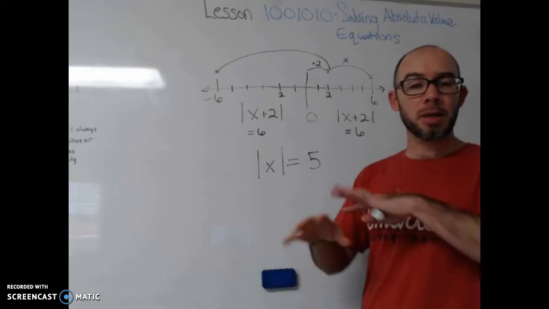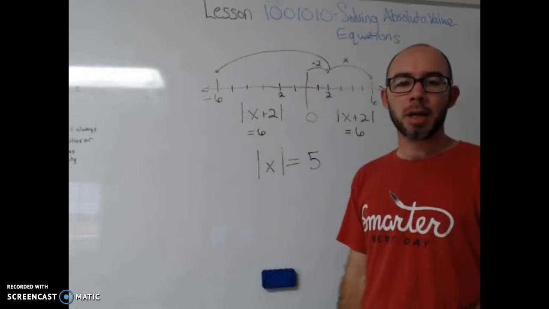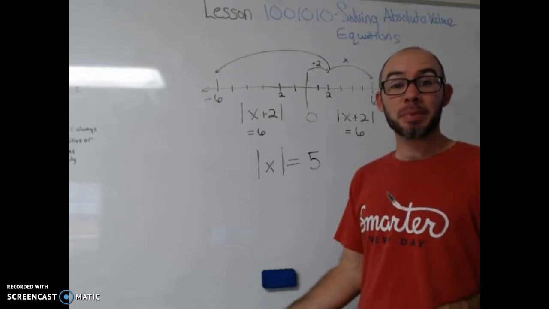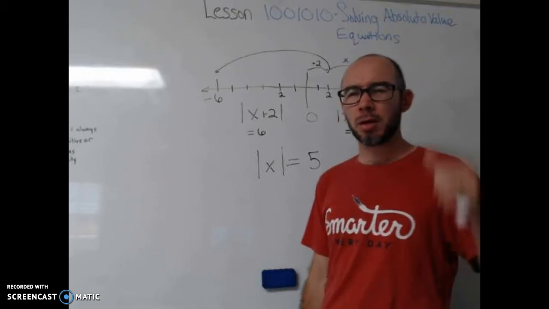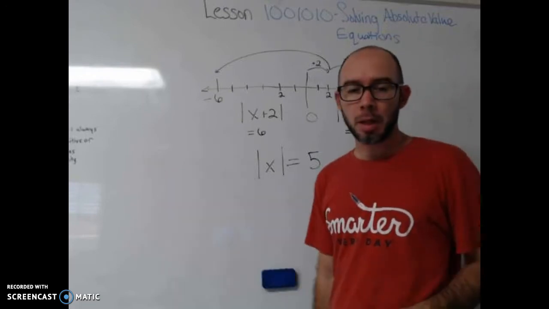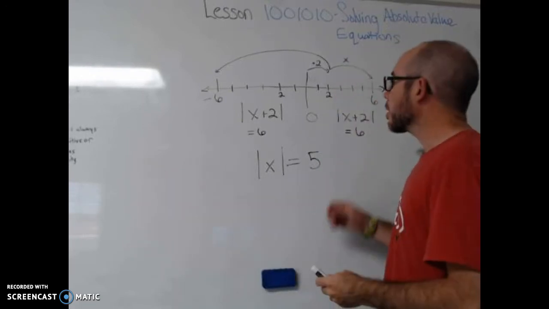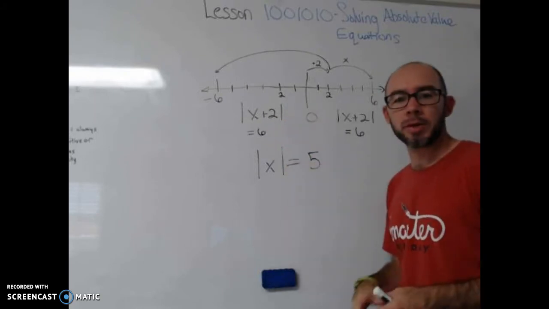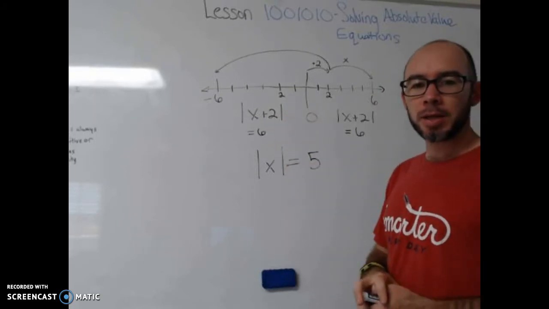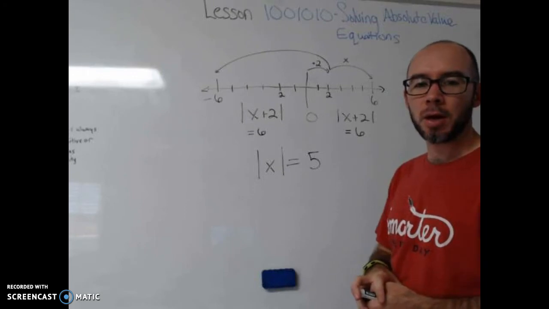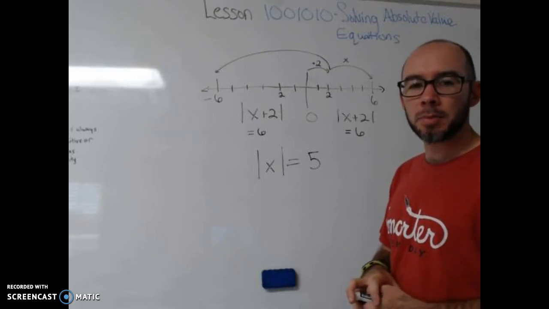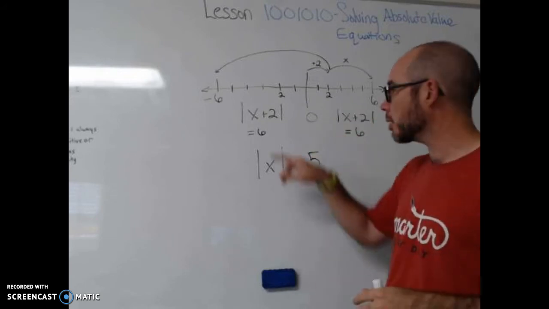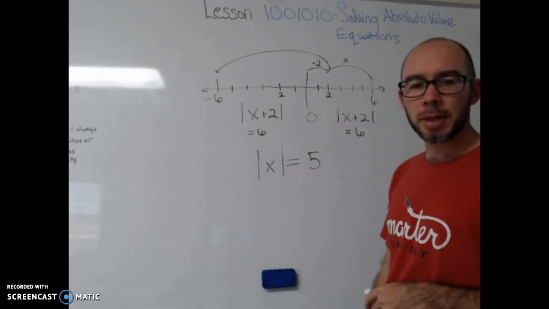Actually, we can do this in 2 dimensions, and we can find out the distance between 2 points. That's the absolute value. In vectors, it's called the modulus. All right, whatever. I have an expression here: the absolute value of x plus 2 equals 6, and I just want to think this out. What x could be in order for the absolute value of that stuff inside these brackets to equal 6.